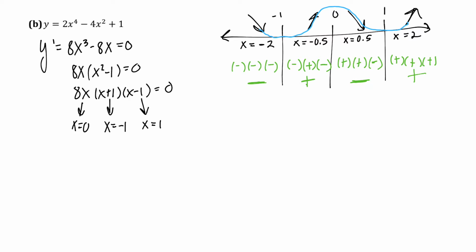And so you can see we have two minimums and one maximum. These are just local, not absolute. This question asked for local. So I'm going to say there's a min at, and it just wanted the x values, so negative 1 and 1. There's a max at 0.